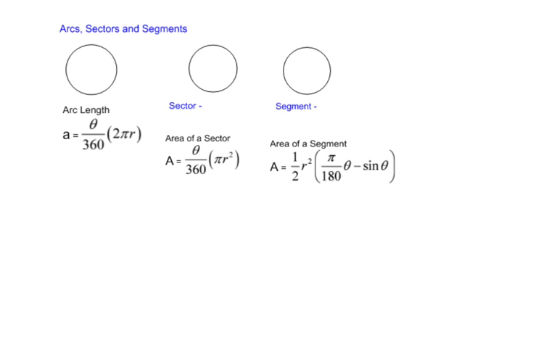In essence, we basically have this equation. This represents the fraction of the circle in degrees, using degrees. And then this portion here represents the circumference of a whole circle.